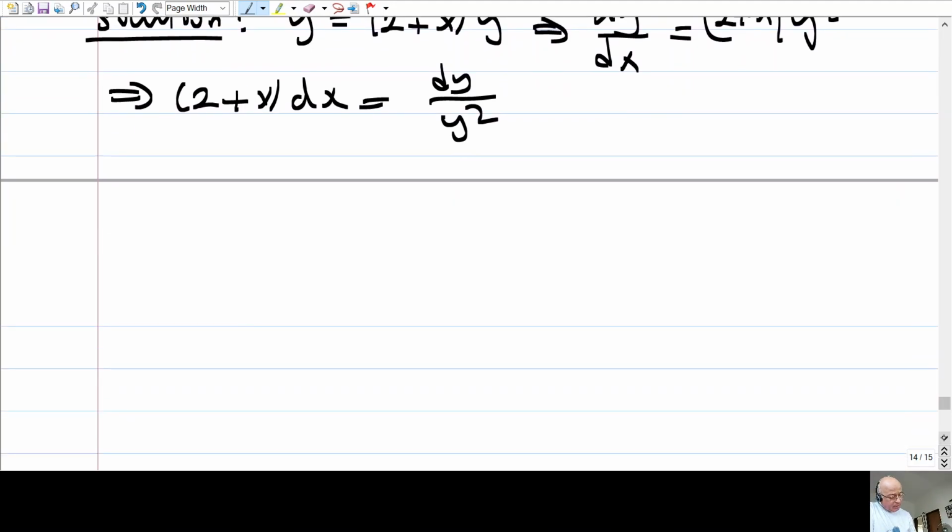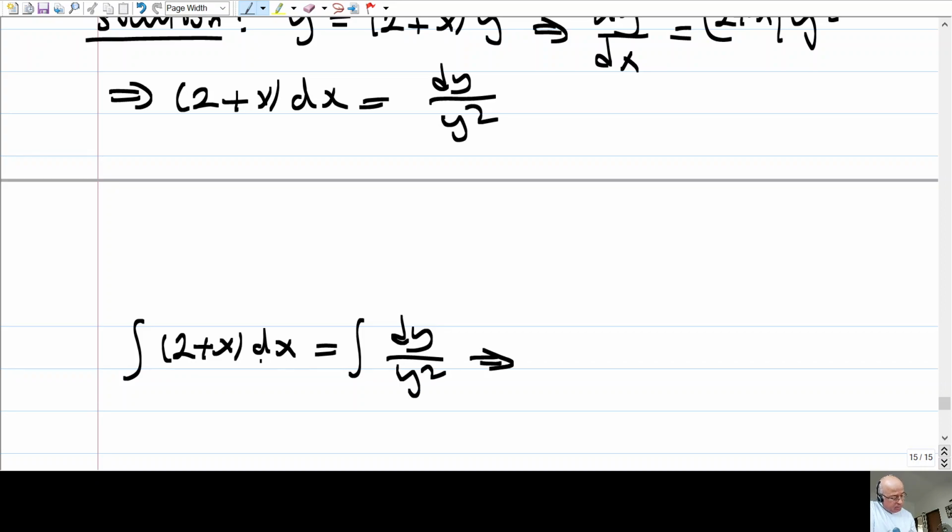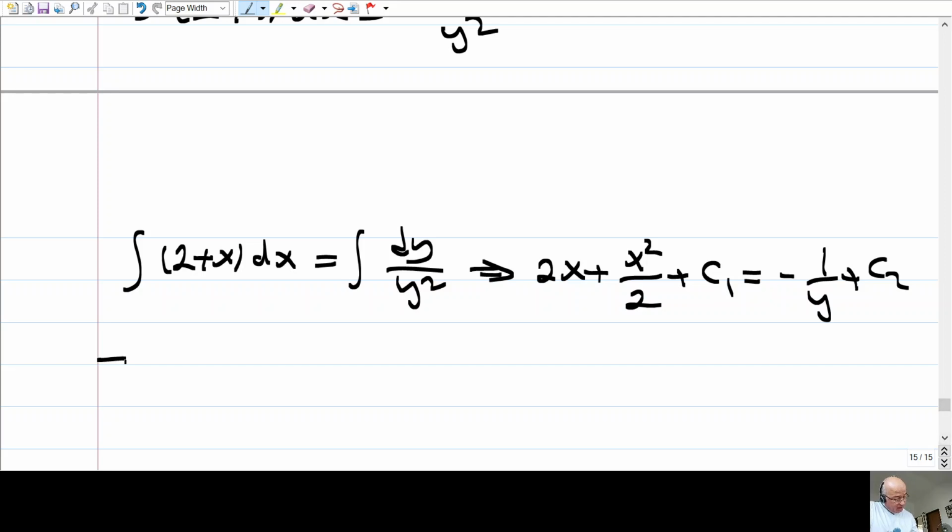Right? And then we integrate both sides. So this is just 2x plus x squared over 2 plus a constant, and this is just minus 1 over y plus another constant, and we see that this is just 1 over y plus 2x plus x squared over 2 is equal to c2 minus c1, which is just a constant.